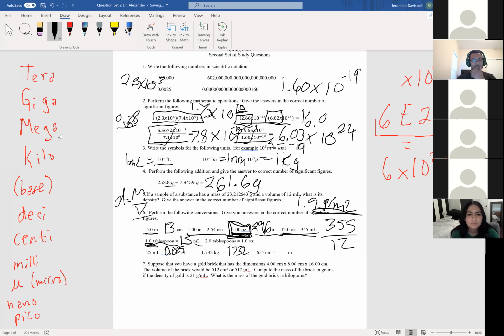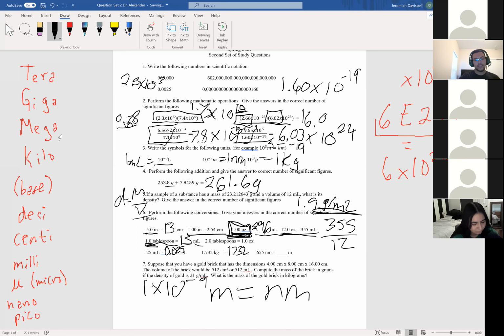And then 655 nanometers to meters. This one, you can put in scientific notation if you want, only because there are that many zeros. So it's up to you guys. How many meters are in a nanometer? 1 times 10 to the negative 9 meters equals a nanometer, right?